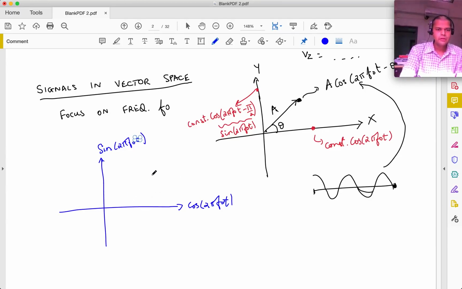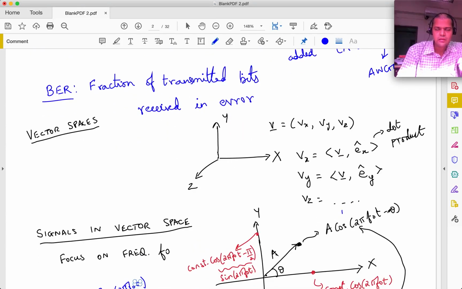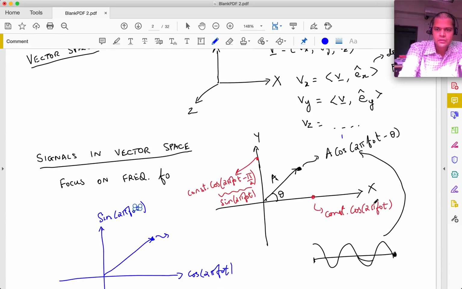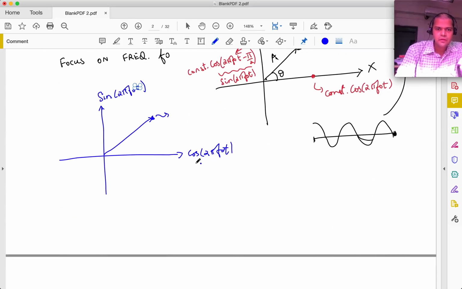And any vector over here can be represented as a sum of cosine and sine. Why do I have that? Well, if you expand this particular cosine using standard 12th-grade maths, it's like cos A minus B, so you can write it in terms of cos A cos B plus sin A sin B. And that's essentially a sum of cosine and sine of this particular frequency.